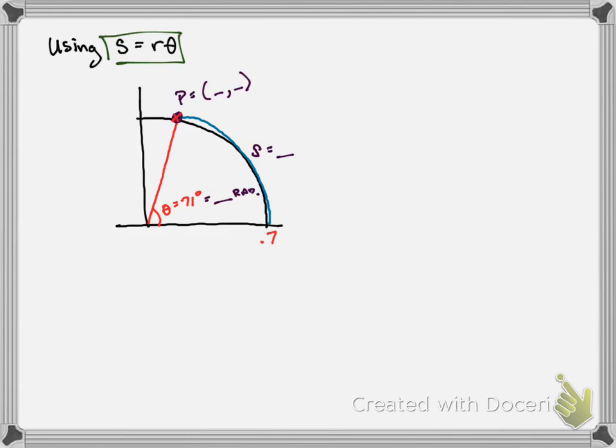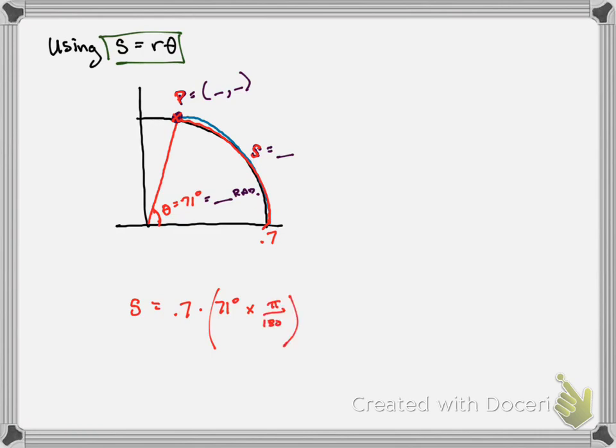Now we want to find this ordered pair of P in addition to finding the arc length if the angle is 71 degrees and the radius is 0.7. So let's start by finding the span. S, and we'll round to 3 places again, span is equal to R, 0.7, times theta. Theta is 71 degrees, but again it must be converted to radians, so times pi over 180.